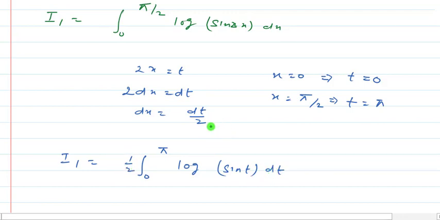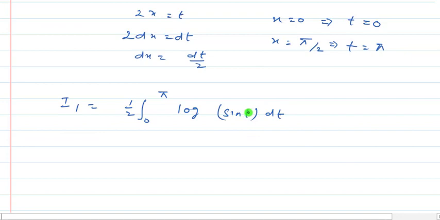Let me take this 2 outside because dx is dt upon 2. Now using property number 1, that we can change the variable. Our variable in which the question is going on is x, so let me write this as x here. So it is 1 upon 2 times the integral from 0 to pi of log sin x dx.